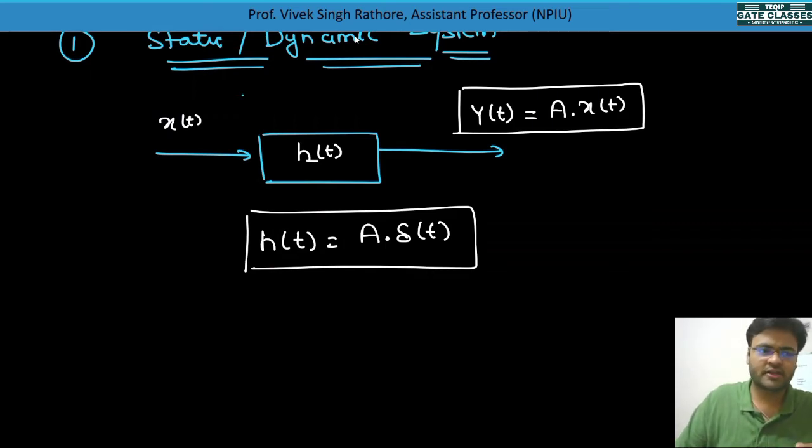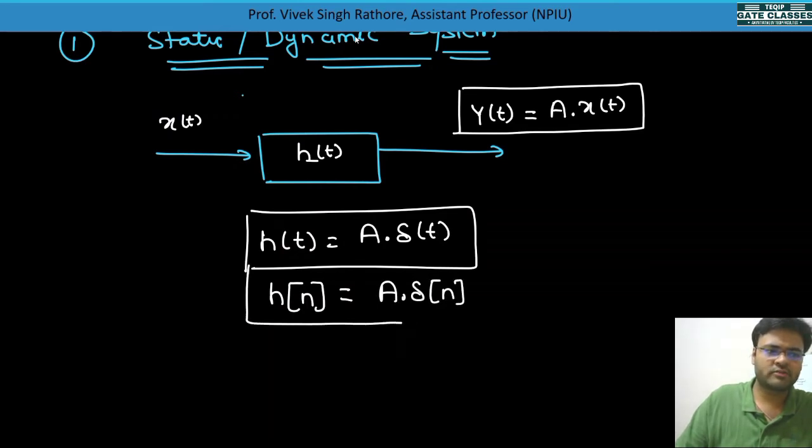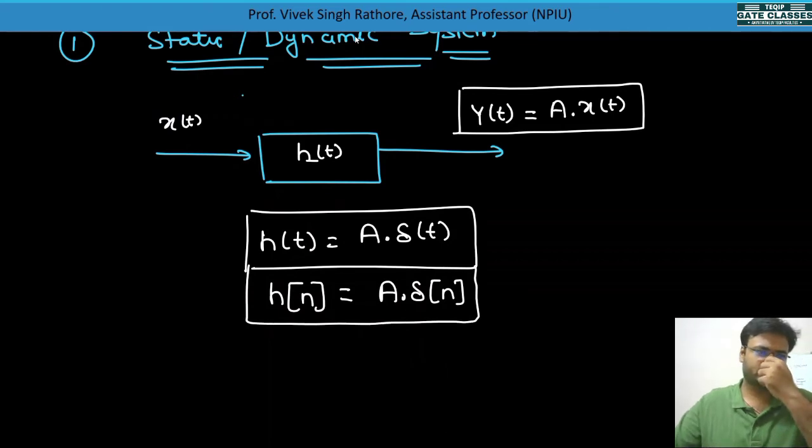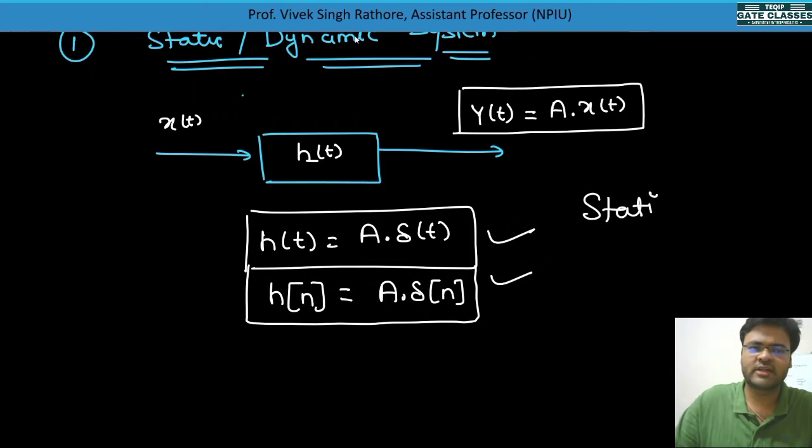Or in a discrete time LTI system, if your impulse response h of n is a of delta of n, then you can say that your system is absolutely a static system.